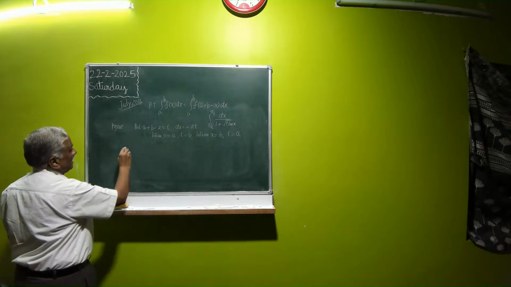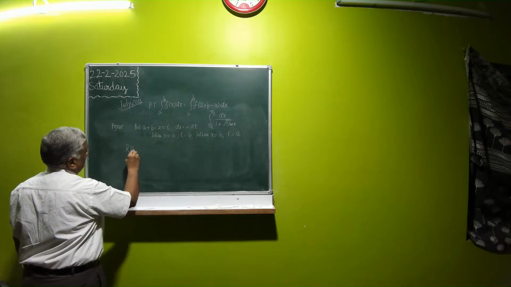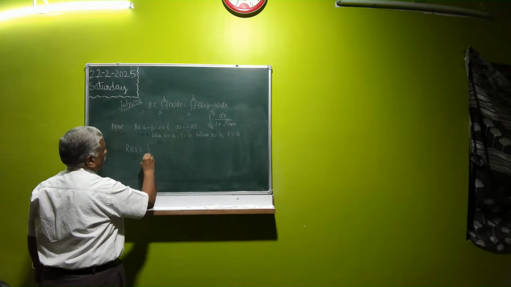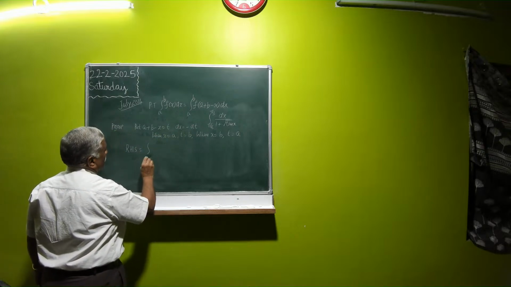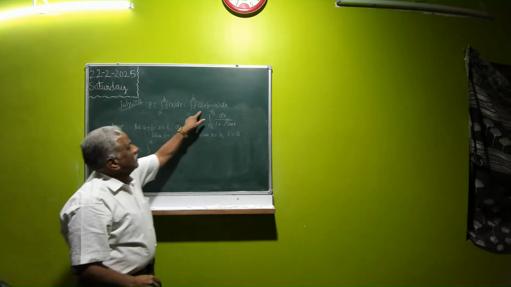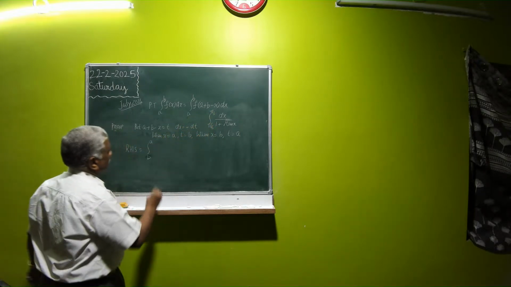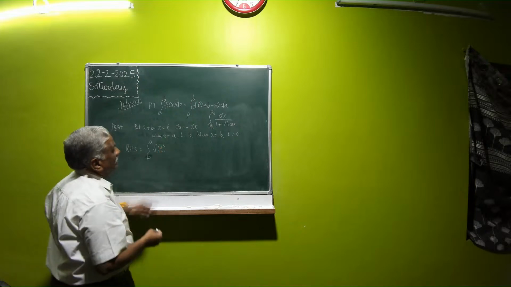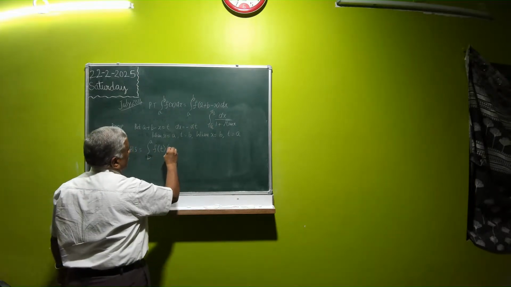So what will happen to the right-hand side? a has become b and b has become a. a plus b minus x is t. So f of t, and dx is minus dt.